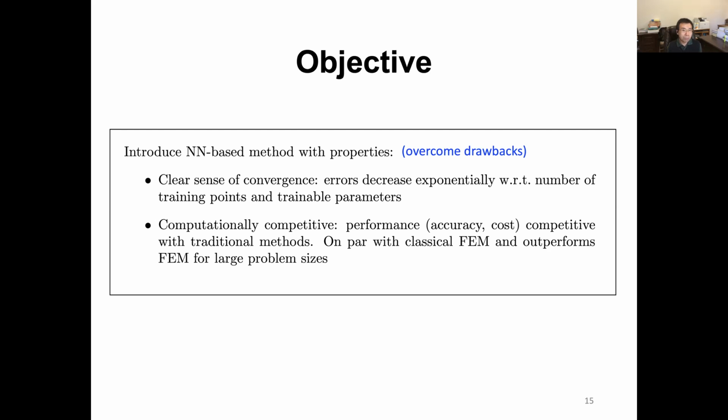It is computationally competitive. Its accuracy and the network training time, the computational cost, are competitive compared with the traditional methods. It is actually on par with the classical finite element method, and for larger problem sizes, it outperforms the FEM. I will show that a little bit later.